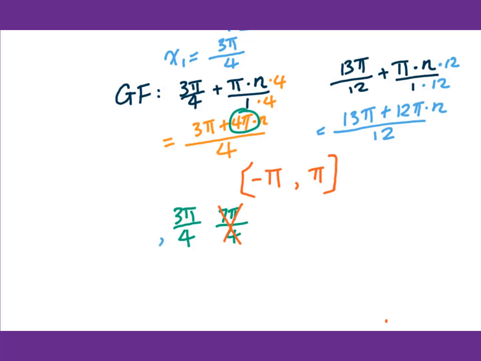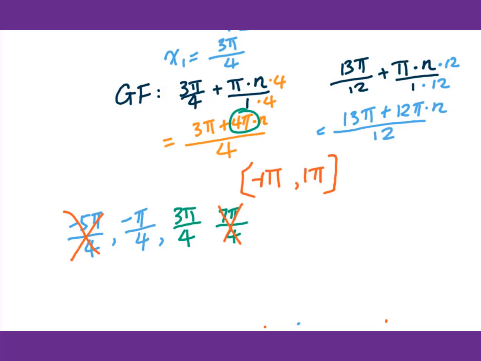Then I need to subtract 4 pi. You will get negative pi over 4. Then negative 5 pi over 4. It's out of range, because negative 5 divided by 4 is negative 1 point something. We need greater than negative 1 pi but less than 1 pi.